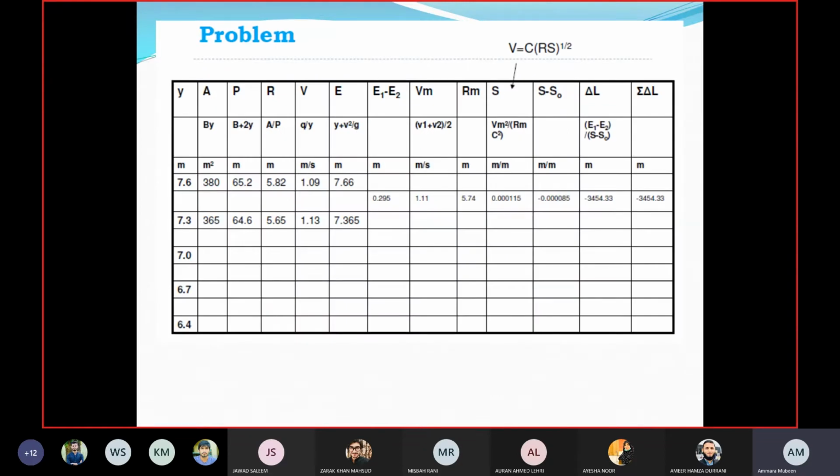Some of the calculations have already been done. Just using the specified depth, calculate the delta x value.